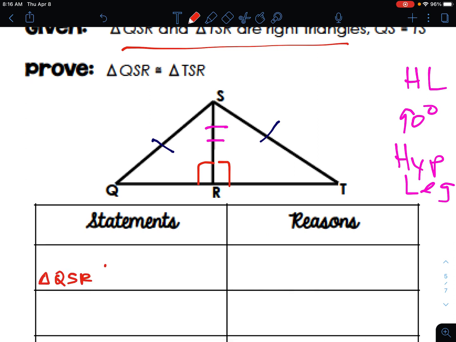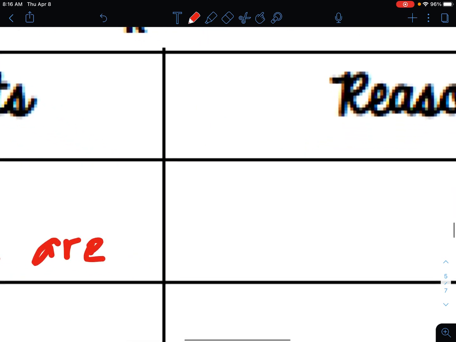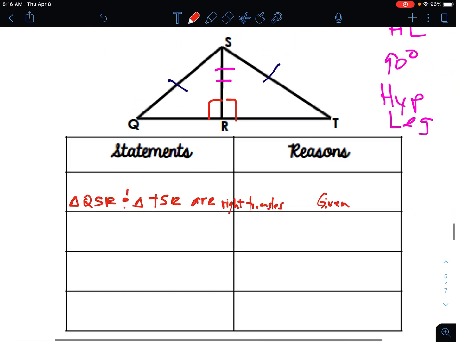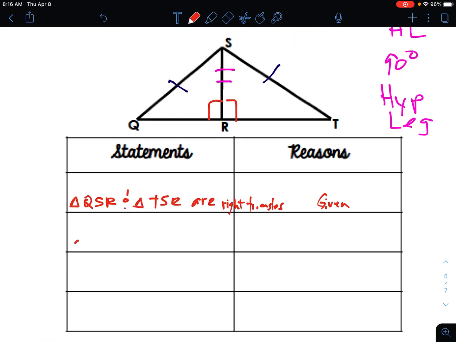So triangle QSR and triangle TSR are right triangles. Why is that needed? Why are they telling us that?